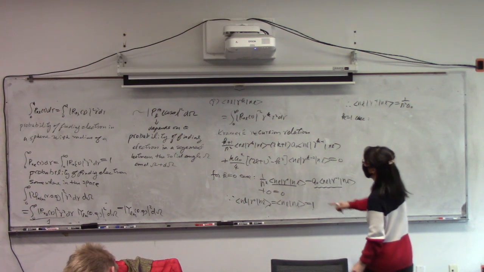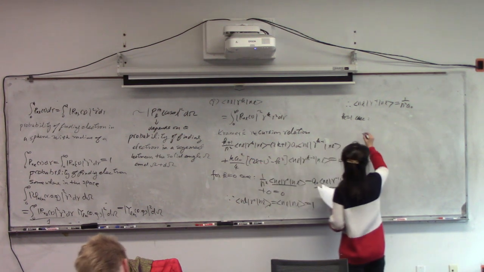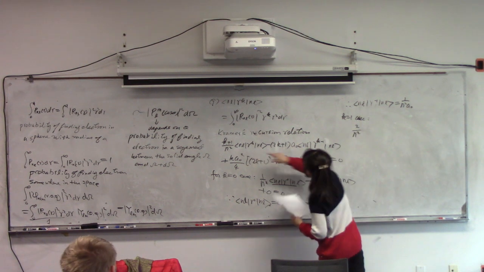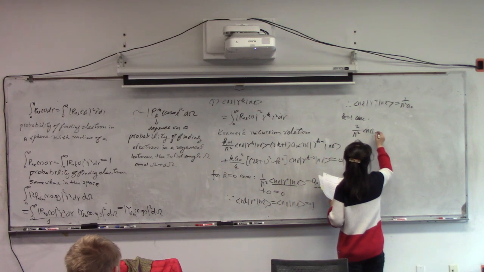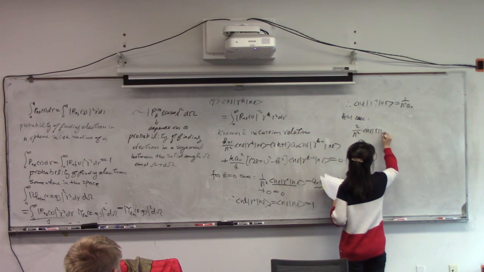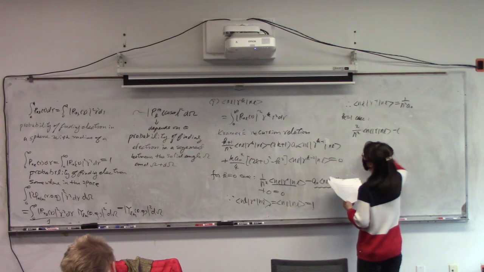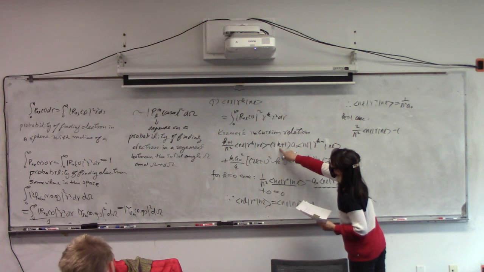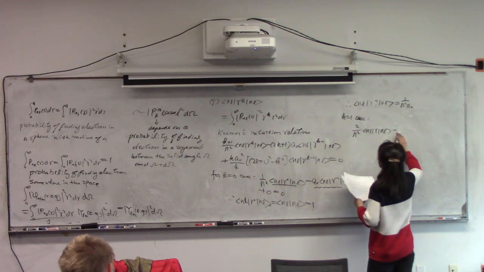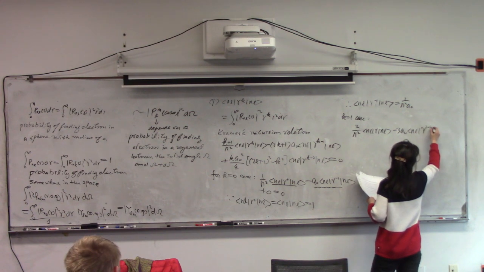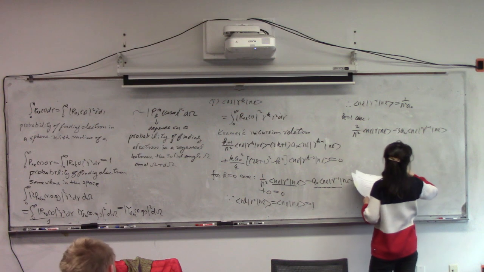In the k equal to 1 case, the first one is 2 over n squared times ⟨nl|r¹|nl⟩, R1 is r, right? And the minus (2k+1), with k equal to 1, is 3, so 3 a₀ and ⟨nl|r⁰|nl⟩, which is normalized.